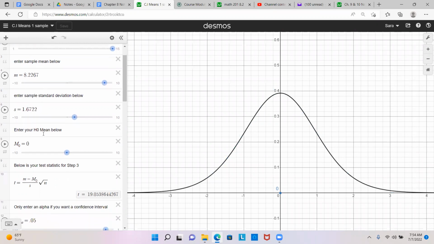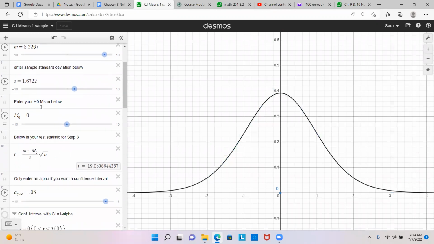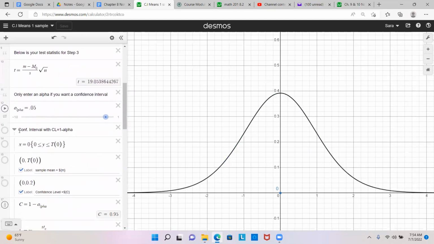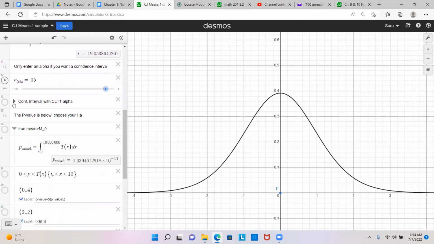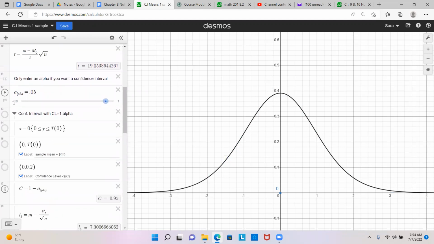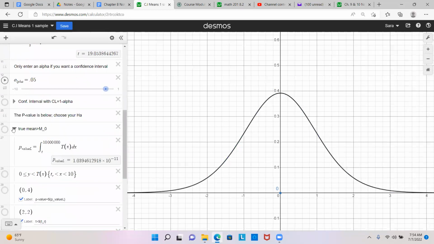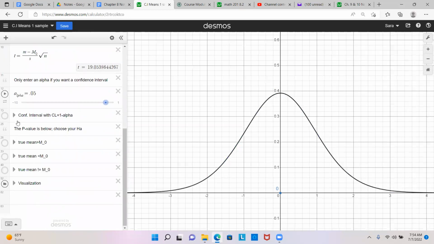Enter the sample standard deviation. Enter your H0. You don't need that for the confidence intervals. You can skip down to where it says confidence interval. You don't need any of those except for the confidence interval.